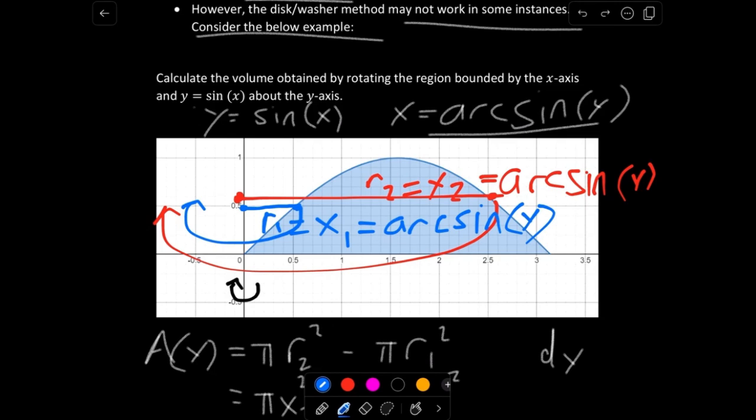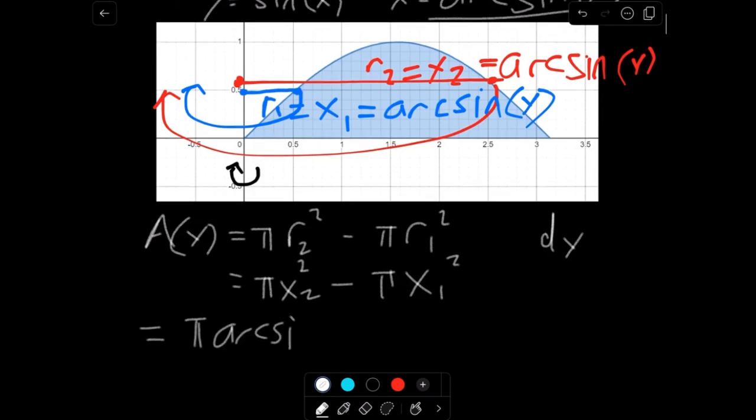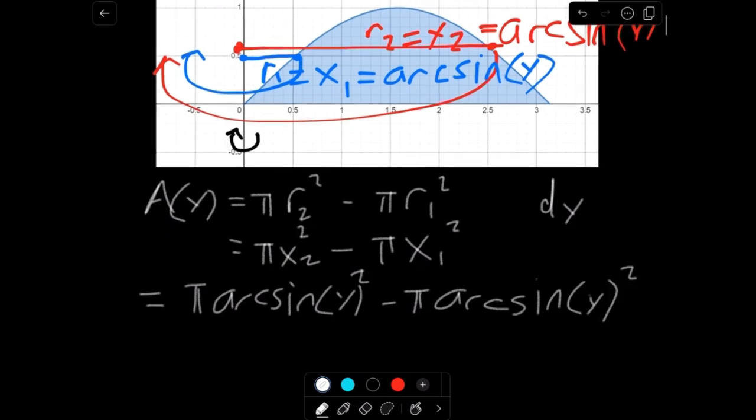Now let's take a look at what happens when I substitute these in place of x2 and x1. It's going to be pi times arc sine y squared, minus pi times arc sine y squared. Now these quantities, take a look, are the same. So this is telling me my cross-sectional area should be 0.